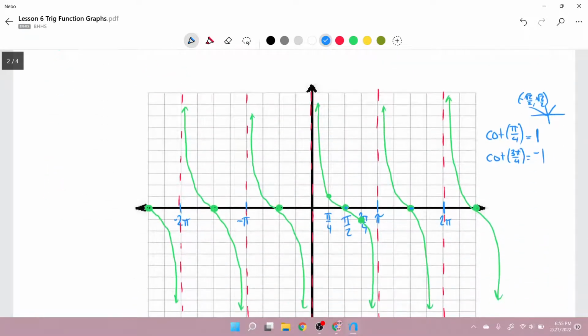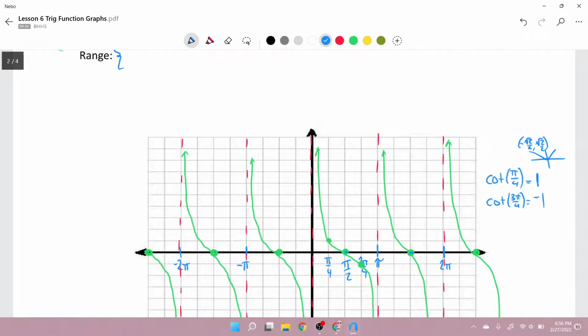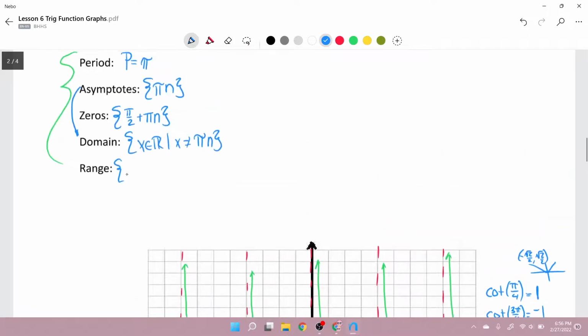Our zeros were at pi halves plus our period, which is pi n. Our domain corresponds with our asymptotes, so we will be all real numbers such that x does not equal pi n. And then our range will be all real numbers.